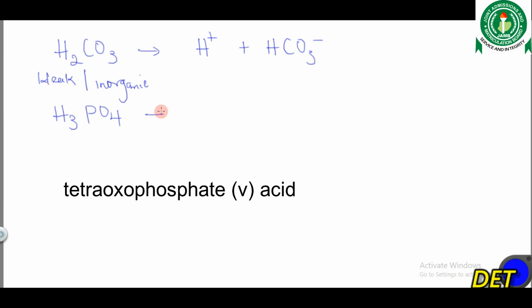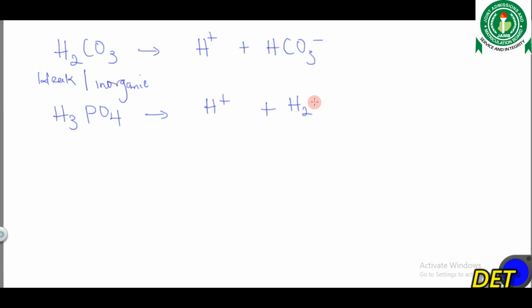When this acid ionizes in water, it ionizes to give hydrogen ion and hydrogen tetraoxophosphate 5 ion. So you can see that this acid does not ionize completely to liberate all its hydrogen ion.